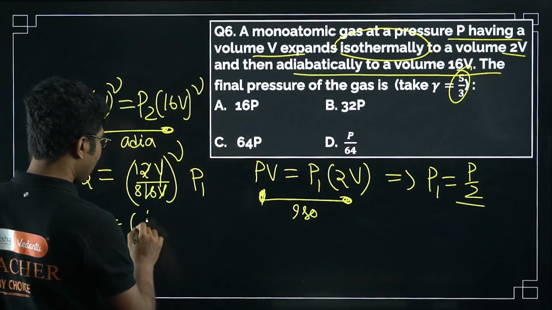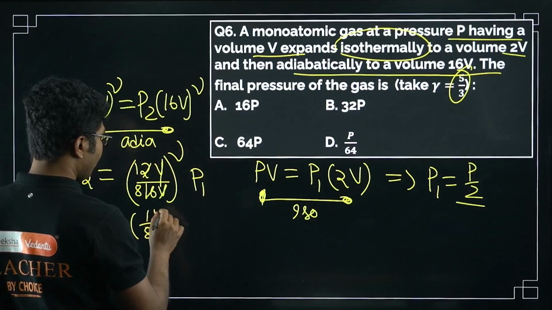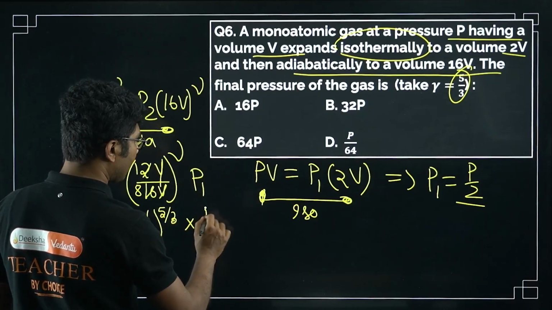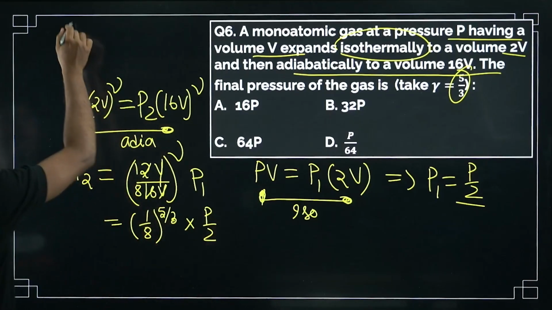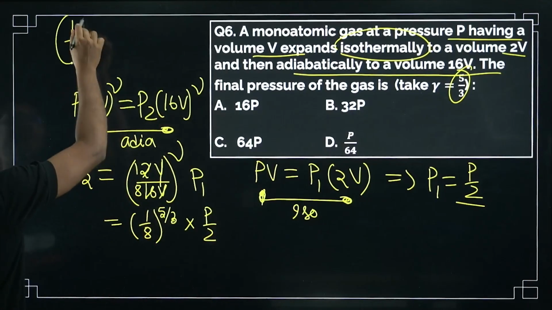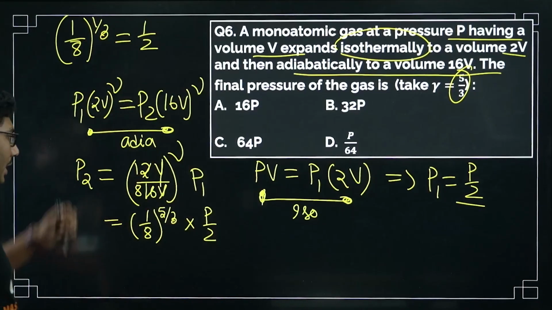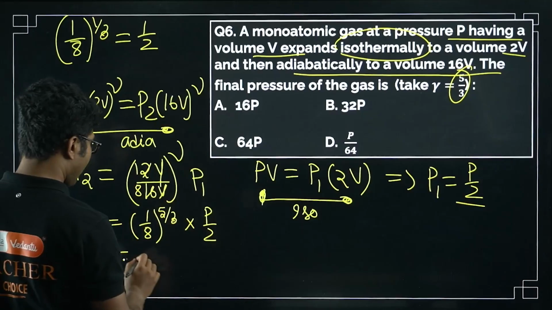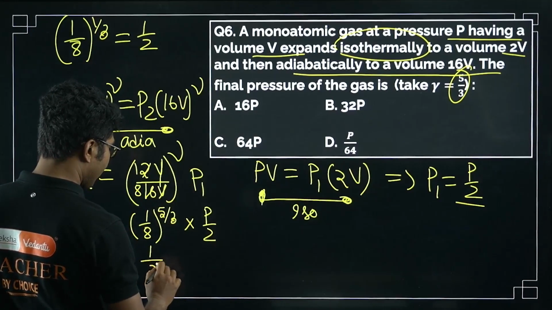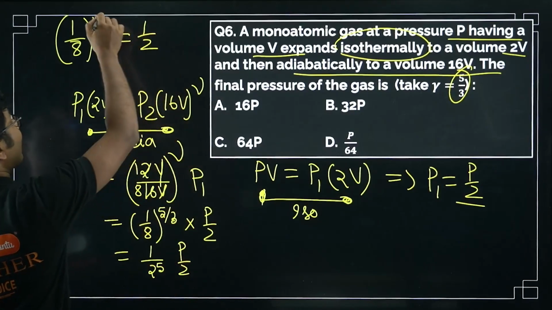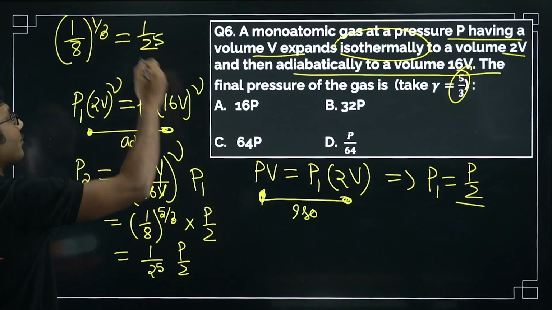So (1 by 8) to the power 5 by 3 into P1, and P1 is P by 2. Now, what is (1 by 8) to the power 1/3? It is half. So the entire thing becomes (1 by 2) to the power 5 times P by 2.